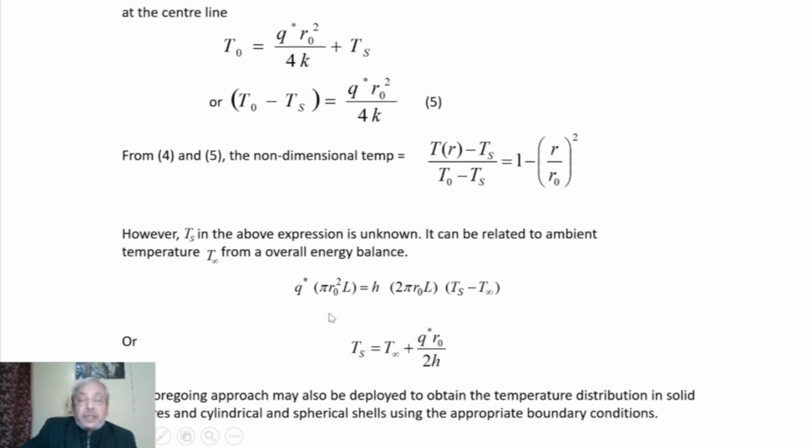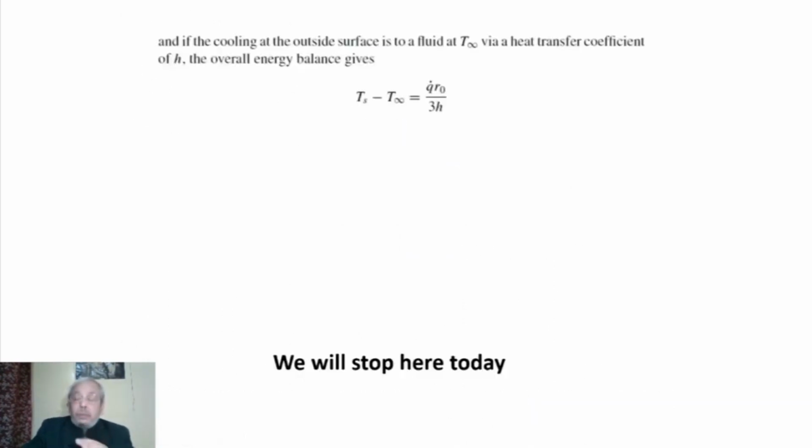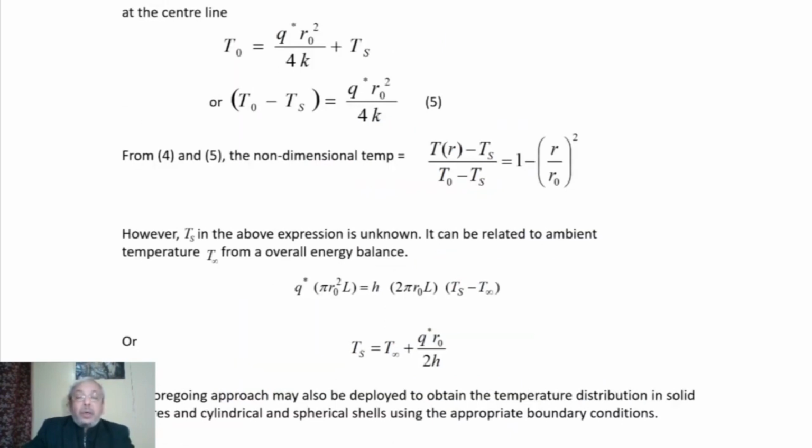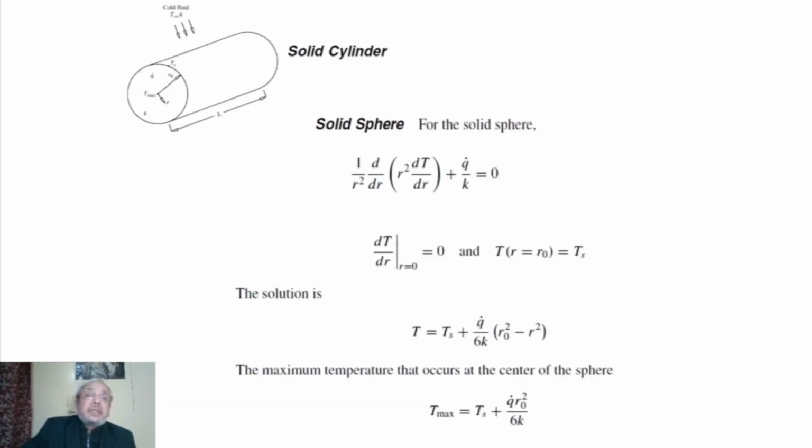So for solid cylinder, this is Ts equal to T infinity plus Q star into R naught by twice H. It's a surface temperature, a function of the ambient temperature, uniformly distributed heat source, geometrical parameter, and film heat transfer coefficient. This we have found out, and now we will just extend this analysis. So solid cylinder we have done.